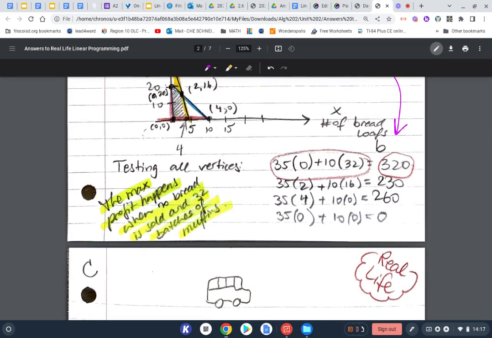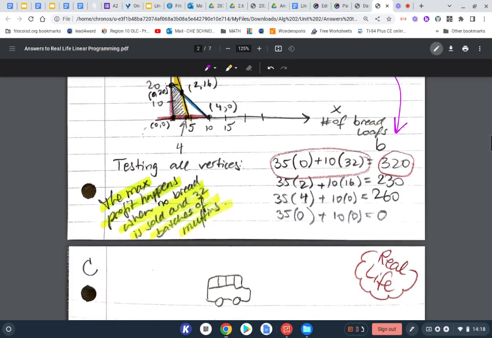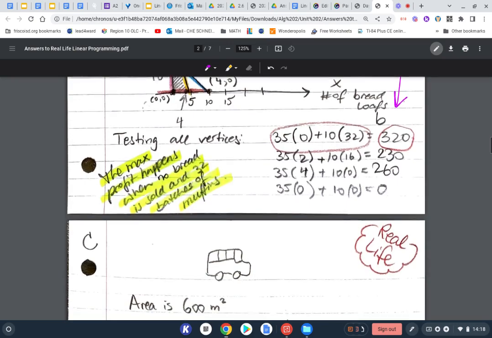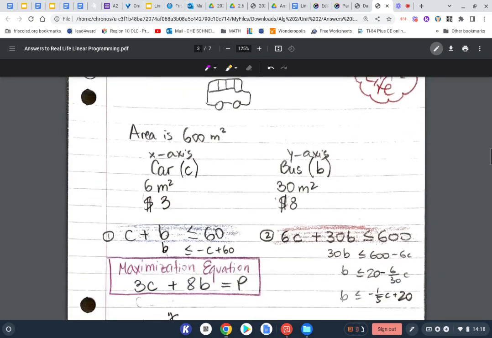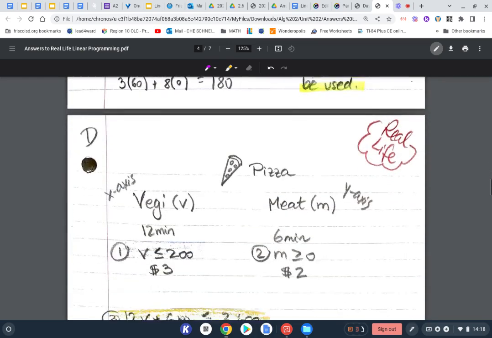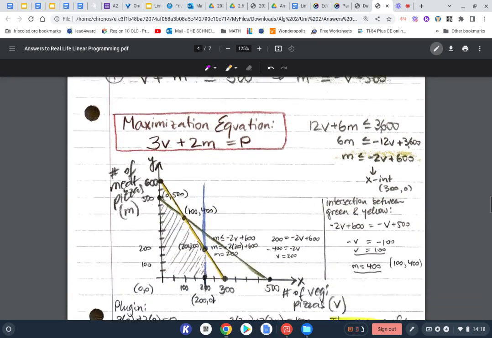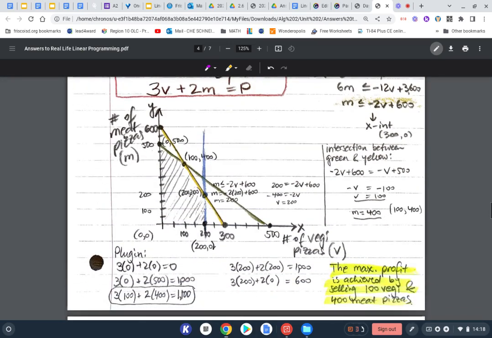Now, when you test the vertices, make sure that you answer the question. In this case, the maximum profit happens when so much bread is made and so many muffins are baked, or batches thereof. So several problems you'll see, all of that connects to real life, beautifully displayed, and that's going to be your job. Please do that and organize your thoughts, talk to each other.